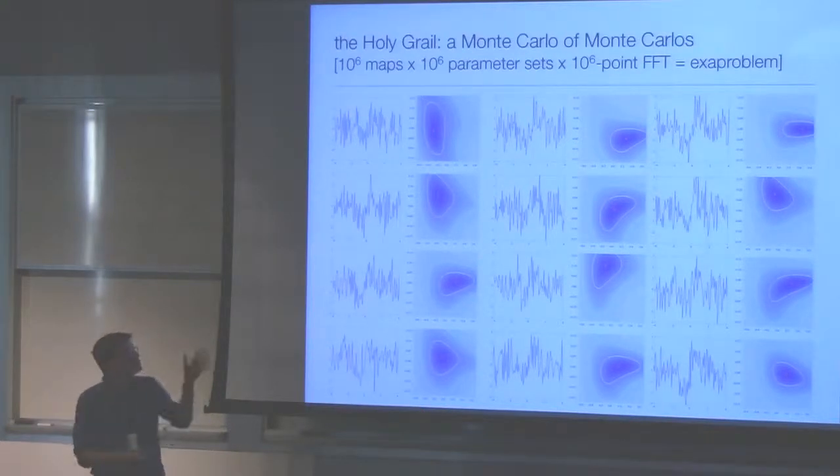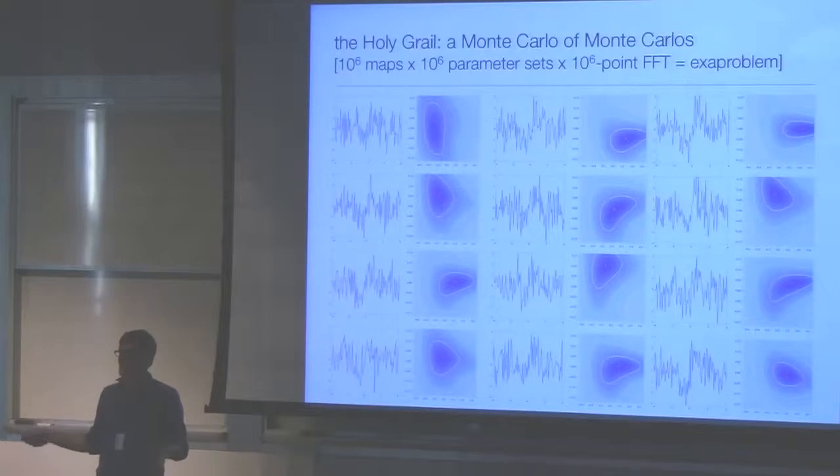A typical estimate is that this is an exa problem. So it's not petascale, it's exascale, 10 to the 18, because a decent Monte Carlo maybe needs to visit 1 million points. You're doing a Monte Carlo, so that's another 1 million different noise realizations, and maybe a million point FFT, a little less than that if you add the n log n factor, so that's what you get.